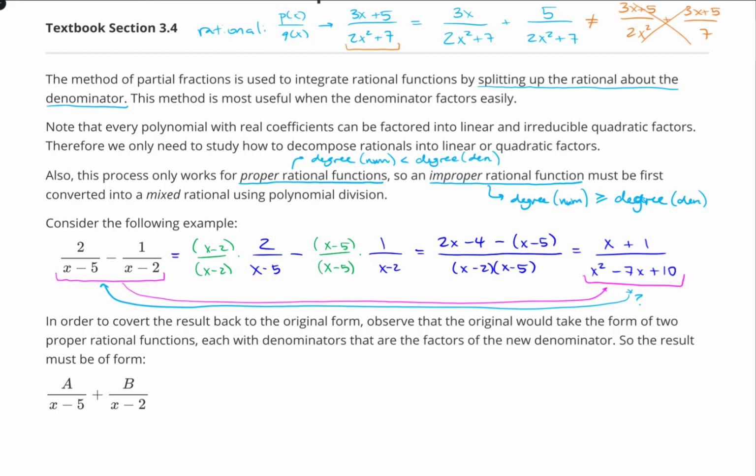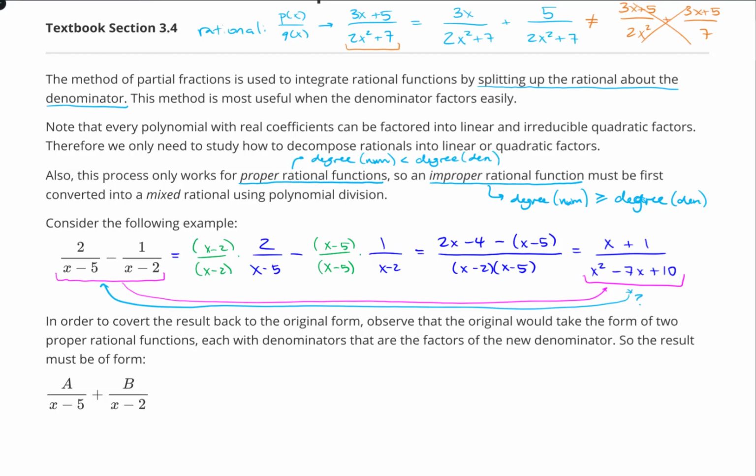It comes from when you multiply the denominators. Here, for instance, I had a linear times a linear, which increases the degree of the denominator to a quadratic. But in the numerator, I had a constant times a linear, which also increased the degree of the numerator, but not by enough to make it an improper fraction. So it will always stay proper. If you start with a proper, you'll end with a proper. It's a good thing to understand.